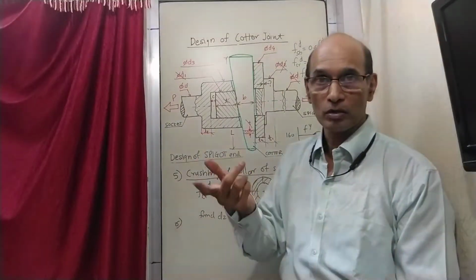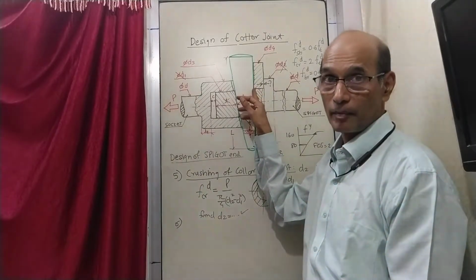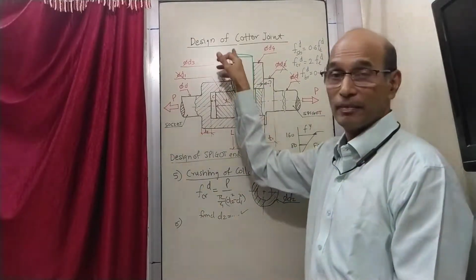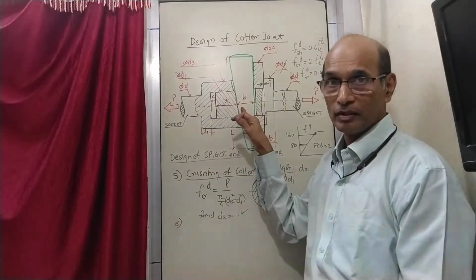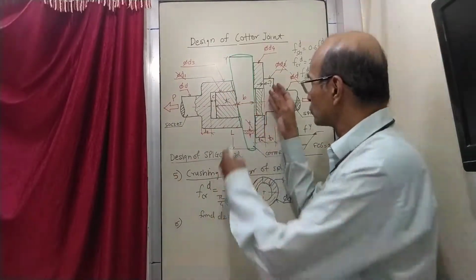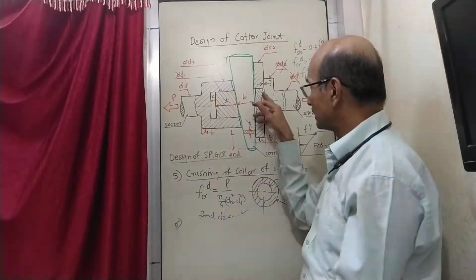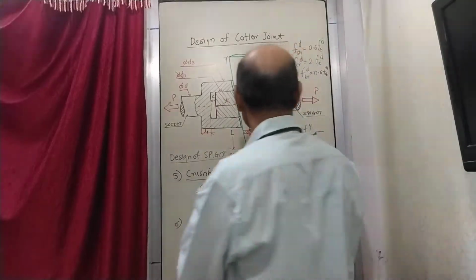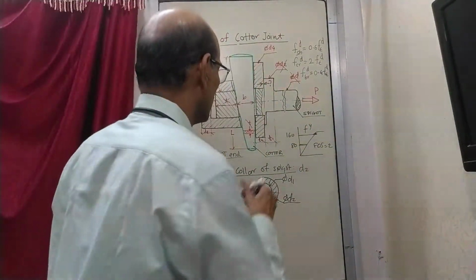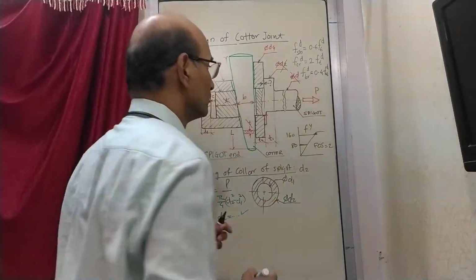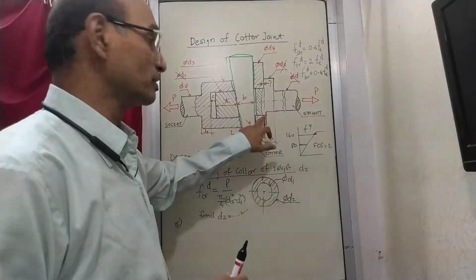Because of what load? Because of the same load which is coming as a result of the hammering action of the cotter. As the cotter is hammered down, these two surfaces try to touch each other very firmly, and if the collar is thin, then the collar will break from here. That should not happen. So this is the resisting area.